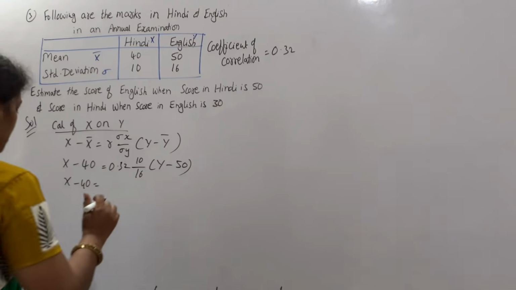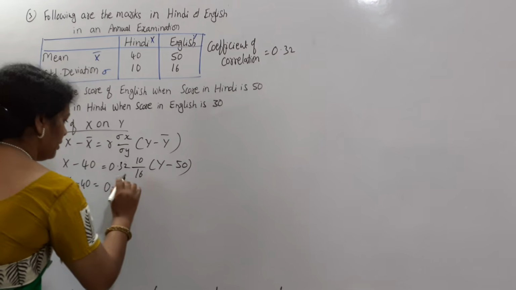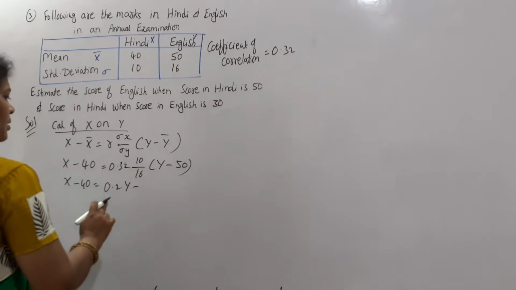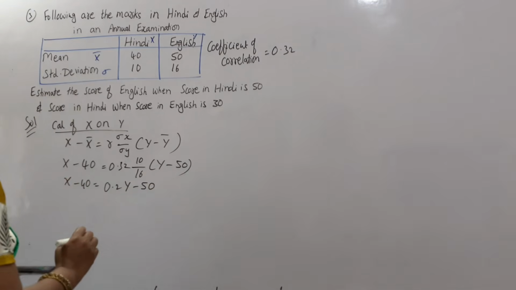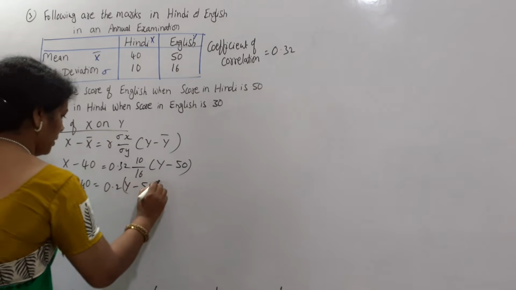It comes to 0.2. So 0.2 times y minus 50. Let it be like this only.